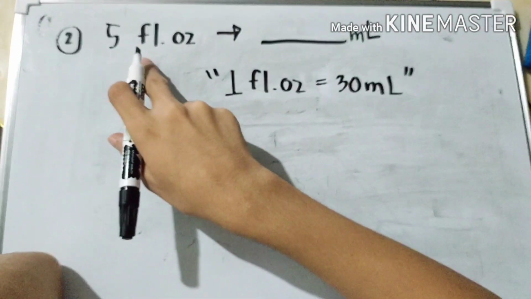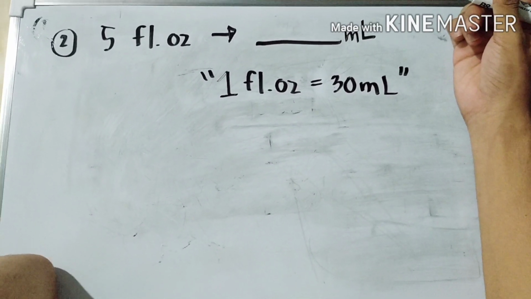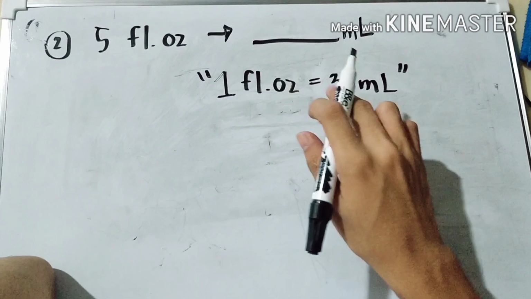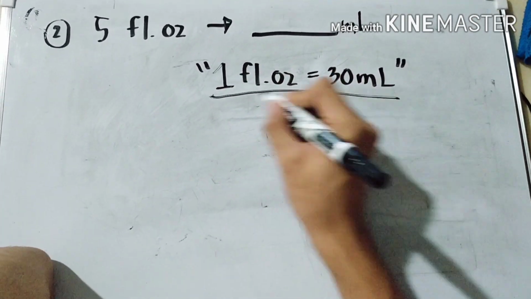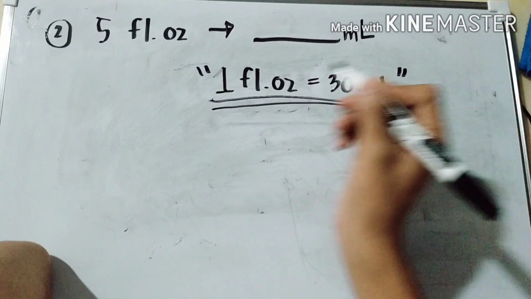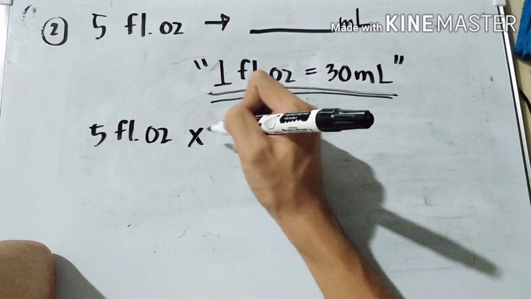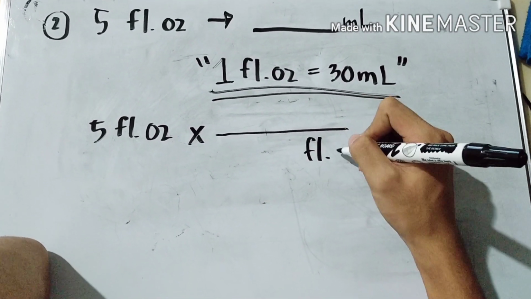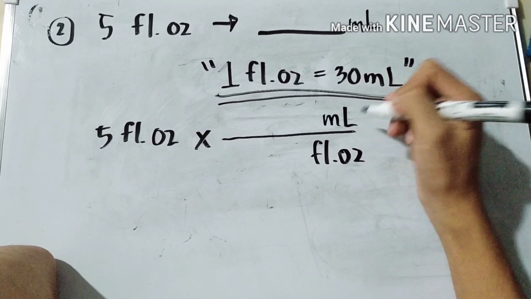I have here 5 fluid ounce, convert it to milliliter. Okay, so dun sa ating conversion table, we know that 1 fluid ounce is equal to 30 ml. Ito. So, lagi lang kayong titingin dun sa conversion table if hindi nyo pa sa ulo. Okay, so 5 fluid ounce multiply over. Okay, sa baba, yung katulad na given, katulad na unit ng given, and then sa taas yung equivalent.